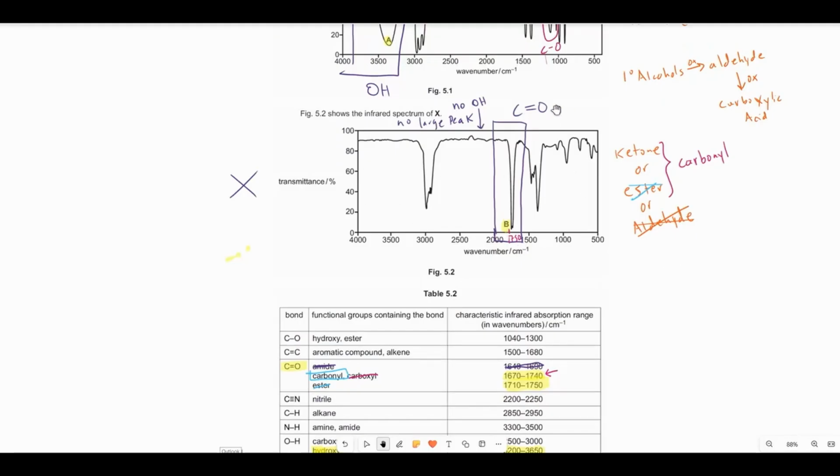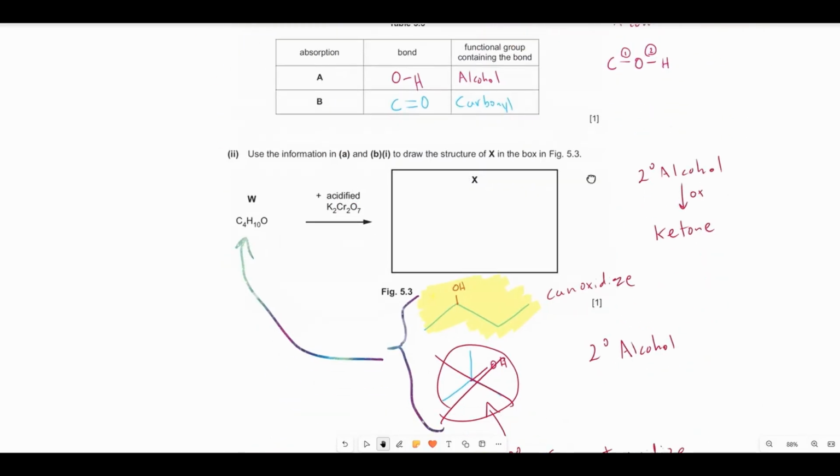We have the carbon double bond oxygen and no broad peak on the left side, so this has to be a carbonyl. It's a ketone more than likely, or it could be an aldehyde. But again, aldehydes can be oxidized into carboxylic acids, so it's not an aldehyde. So this has to be a ketone.